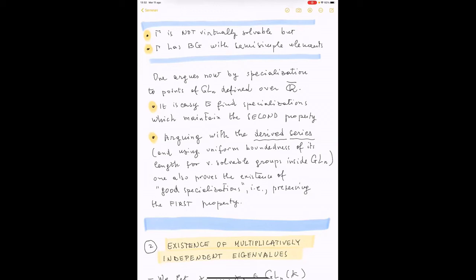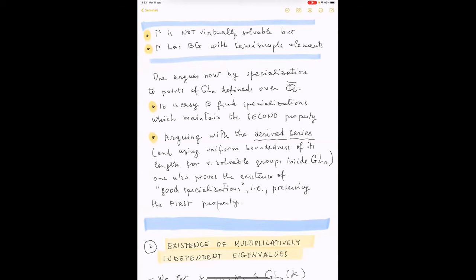So it suffices to show that the derived series preserves the length. And this is then again not too difficult a matter by specialization, to show that this degeneration does not occur at each step of the derived series. And then since there is uniform boundedness, we can conclude.